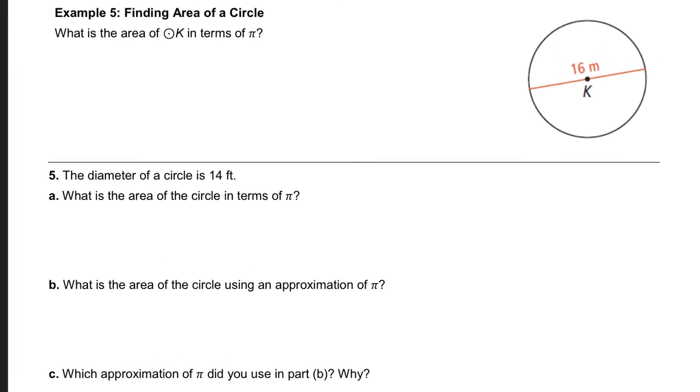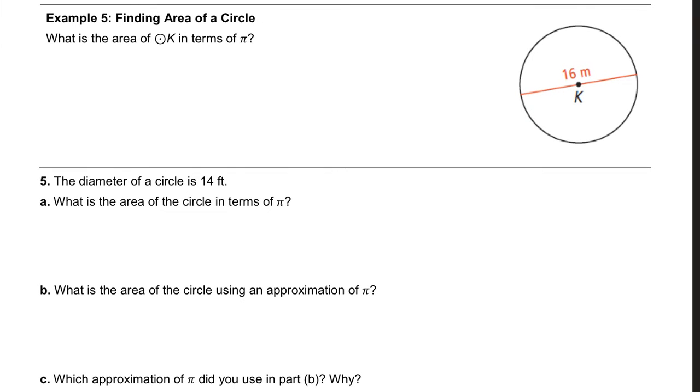For example 5, finding the area of a circle in terms of pi. Well, it's worth noting that the area of a circle is pi times the radius squared. So we have to know the radius of the circle. What we're given actually is the diameter of the circle, which is 16, which means the radius is 8 meters.